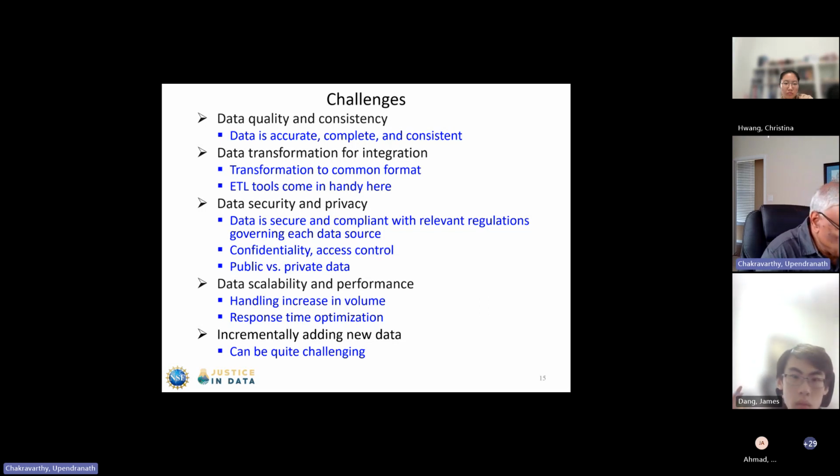Data scalability and performance are important because if you are combining data from multiple sources, the data volume is going to increase. And with an increase in data volume, you need to make sure you are able to handle that information. Unfortunately, a lot of analysis algorithms that you'll see when you use the packages have limits.